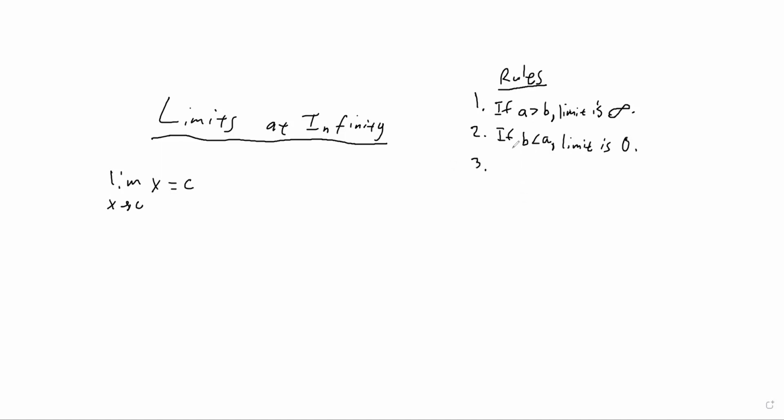Rule number 3, or step 3: if A equals B, divide each monomial by the leading degree, then evaluate.